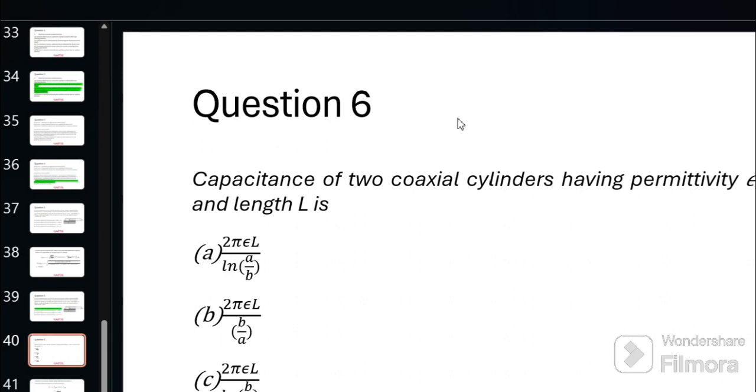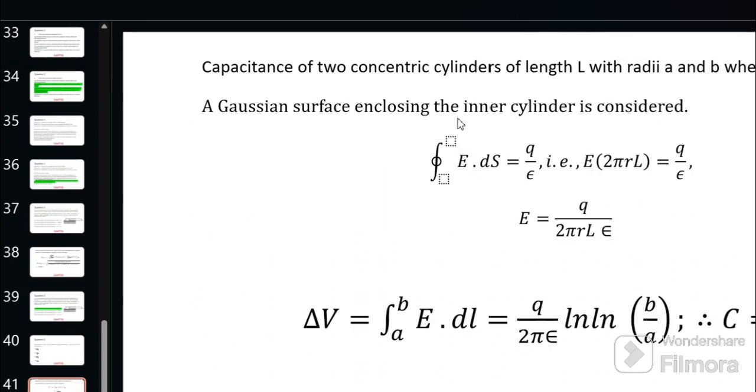So this is question 6. The capacitance of two coaxial cylinders having permittivity epsilon, radii a and b, and length L is given by which of the following equations? This is again a very simple question. So you use Gauss law.